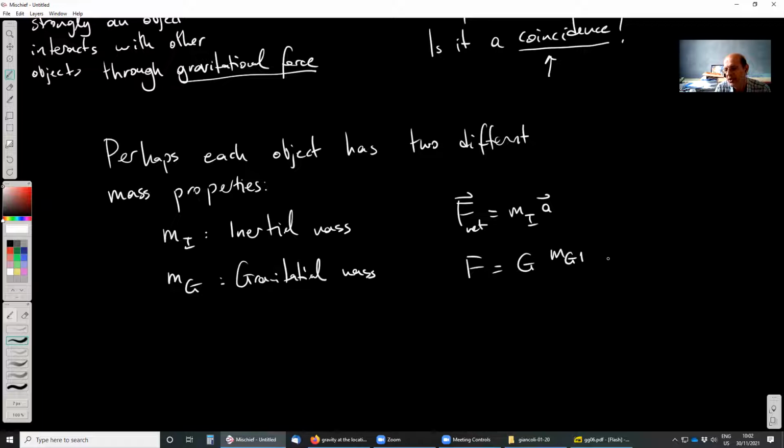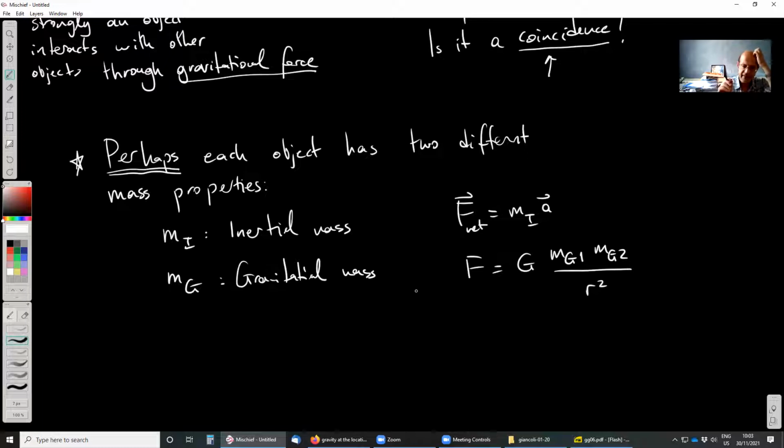So that's like mg1 multiplied with mg2. So in the law of gravity, these two masses actually appear. So as a result, perhaps this is the situation, and this is one question that is worth investigating, right?